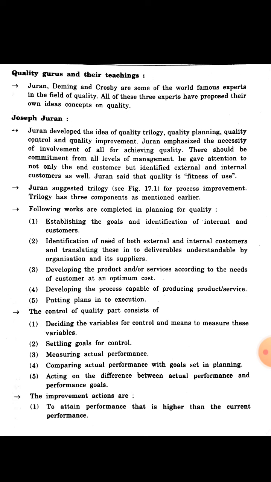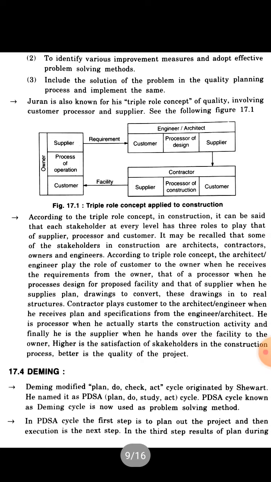So these are the control of quality parts. Next, improvement actions are to attain performance that is higher than the current performance, to identify various improvement measures and adopt effective problem solving methods, and to include the solution of the problem in the quality planning process and implement the same.